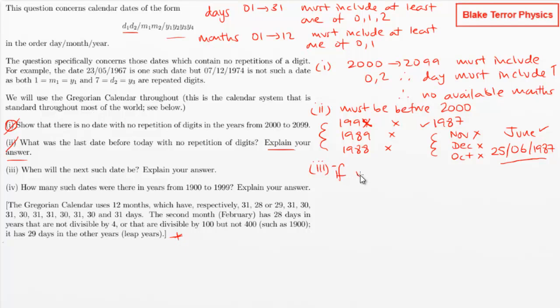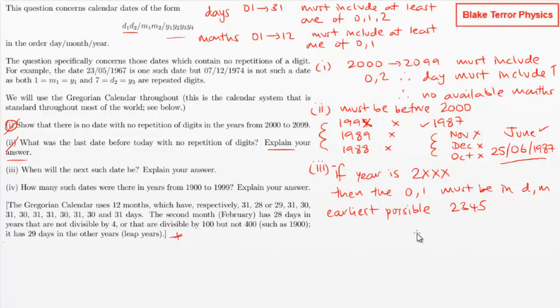If the year is 2xxx, then the 0 and the 1 must be in the day and the month. So we have to go up from 2. The earliest possible year must be 2345. Okay, so we want to have it as early as possible in that year.